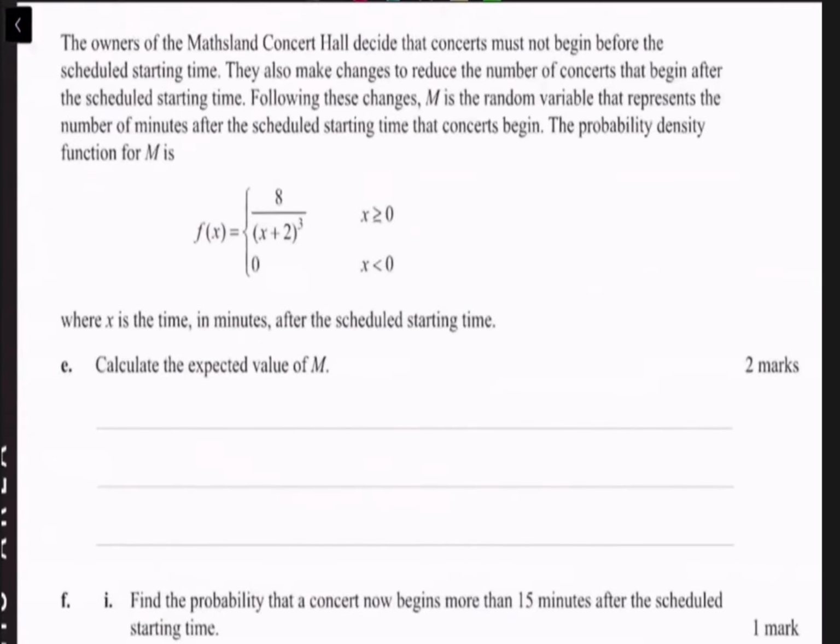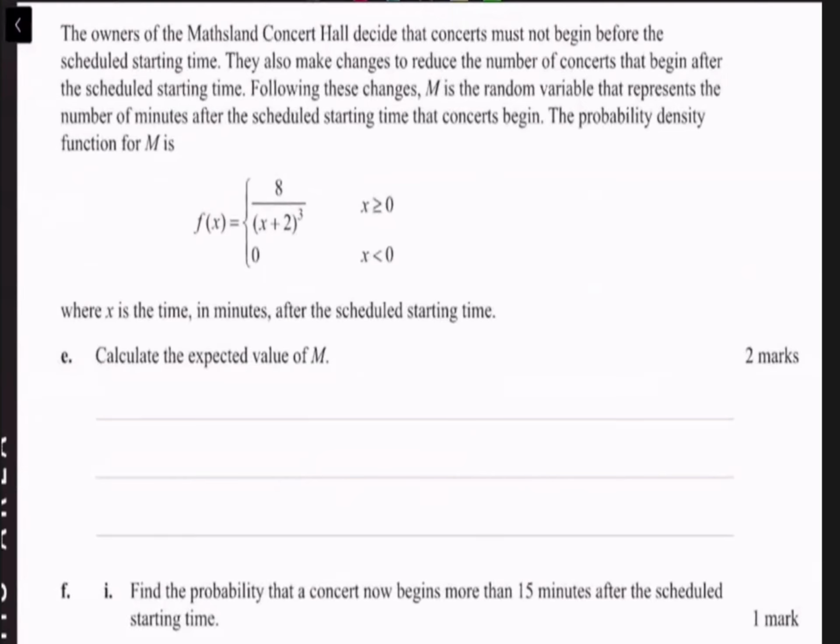So, some more probability. We have a density function this time, and this now is the number of minutes after the scheduled starting time that it begins. Calculate the expected value of M. We know that's just the integral of x f(x) dx from 0 to infinity in this case.